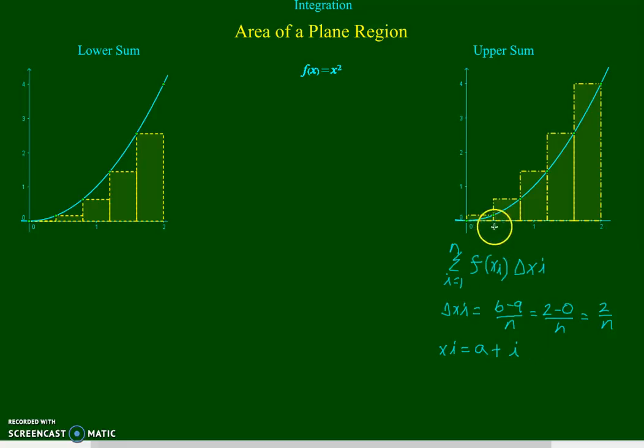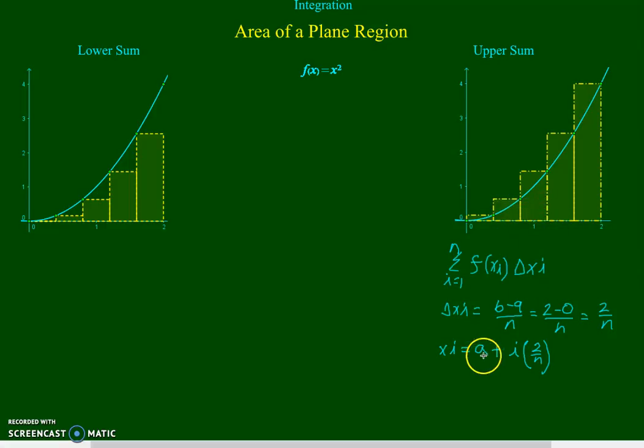That x-coordinate is going to be i, the number of subintervals, times the width of each subinterval. So for the first subinterval it's 1 times the width, and we just found the width as 2 over n. So it's i times 2 over n. The next one would be i plus 1 times 2 over n, then i plus 2, and so on.